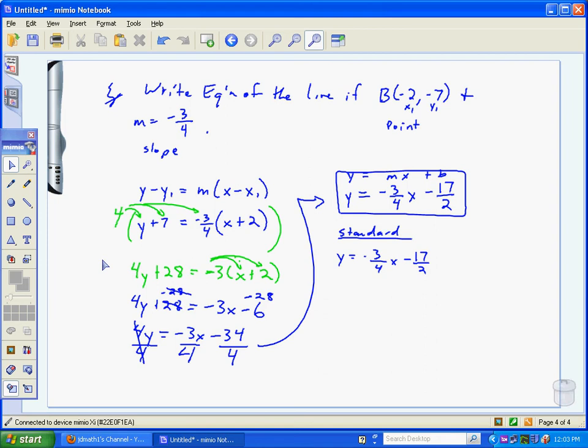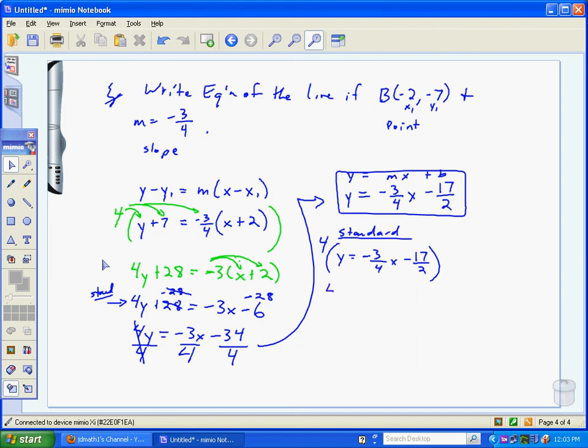We'll just keep consistent, because we can actually go back to this step right here and put it into standard form right away. But just so you can see how this is all done again, I'm going to keep going like we did before. I'm going to multiply everything by 4 and basically turn it back to what we had at the beginning.